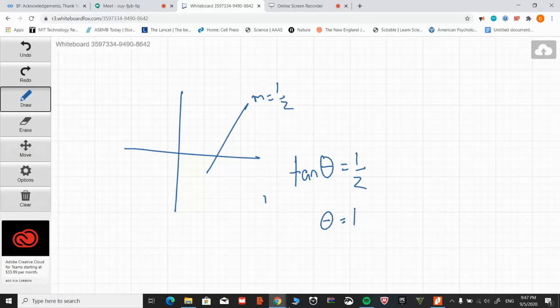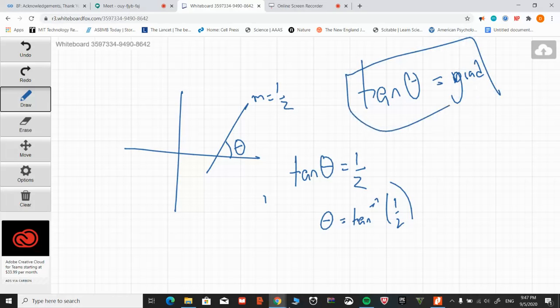So theta is equals to tan inverse of half. তার মানে এটা কোত্থেকে আসতেছে? Turns out this angle a line makes with the x-axis is connected to the gradient using the formula tan theta is equals to the gradient. So এই ফর্মুলাটা মনে রাখতে হবে.